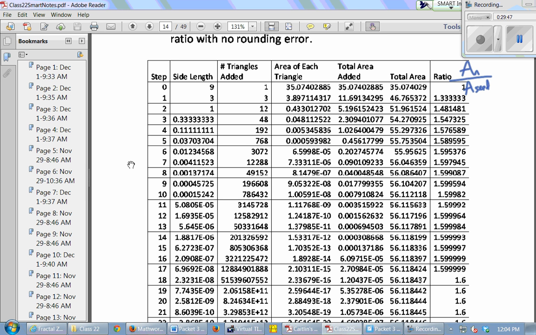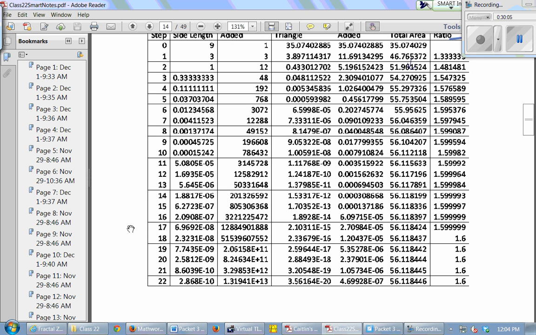So I'm taking the area from the total area column and dividing by the original area, which was 35.07, the area of the seed. What do you notice as we get further down the list? It levels off at 1.6. The ratio of the Koch Snowflake to the seed area is 1.6.